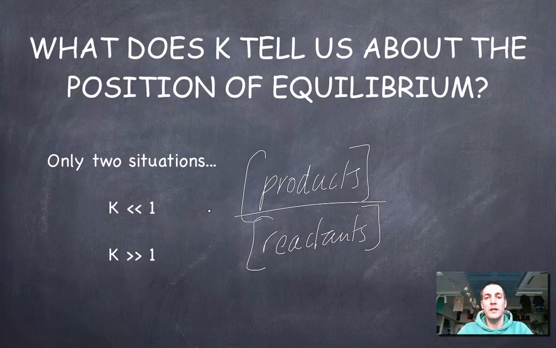So really all we need to be able to do with equilibrium constants in the SL course is to be able to write expressions for them and to be able to say something about the position of equilibrium based on the size of the equilibrium constant. So if it's very small, the concentration of reactants is large and the position of equilibrium is to the left. If the equilibrium constant is large, greater than 1, then the concentration of products is large and the equilibrium position is to the right.